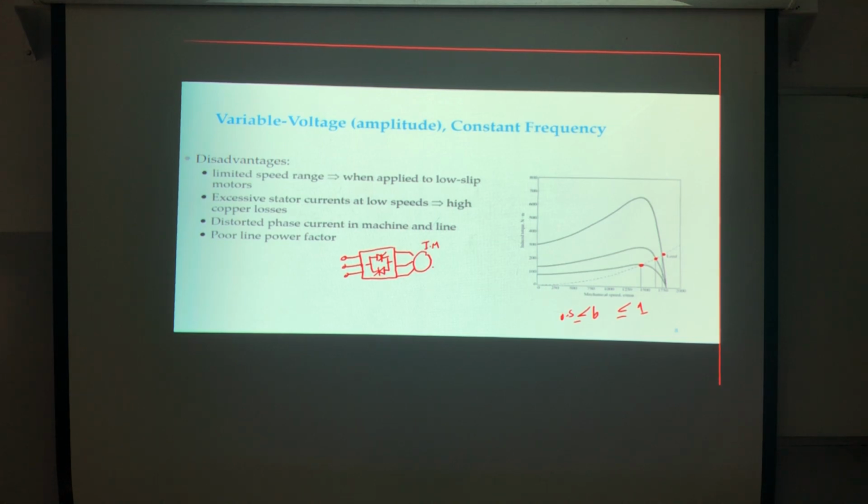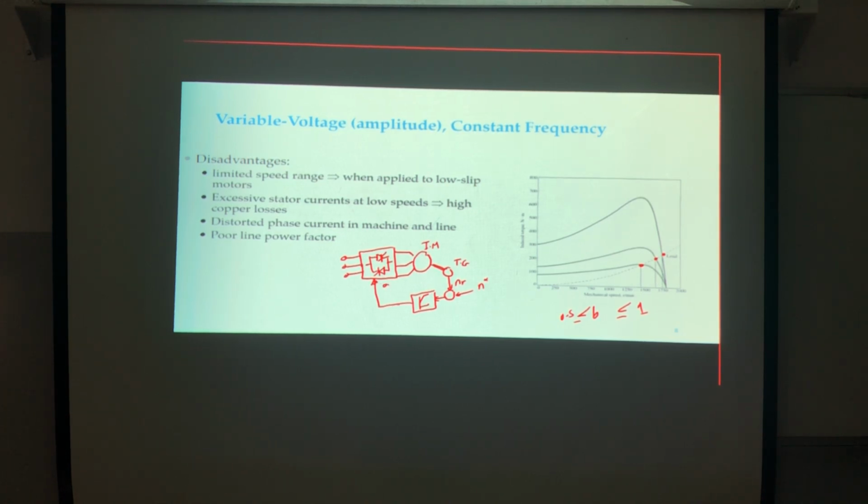If we use a speed control, let's assume here I'm having a tacho generator. Here I will compare the speed with a reference speed, then I'm using a speed controller, and after that I will give the firing angle, correct?